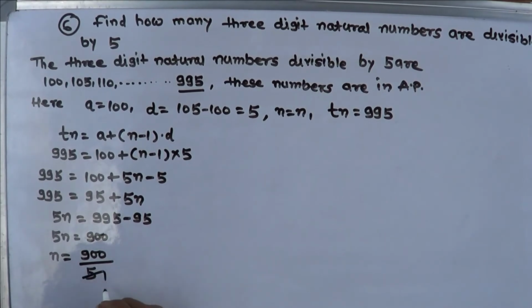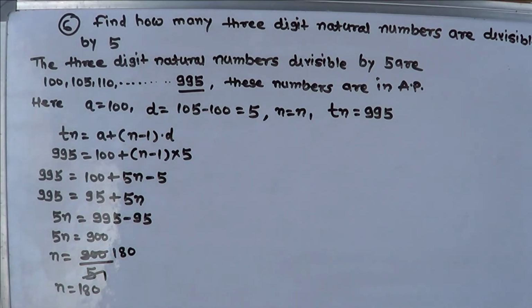So this will be 5 ones are 5, then 5 eights are 40, and 0. So the value of n is equal to 180.